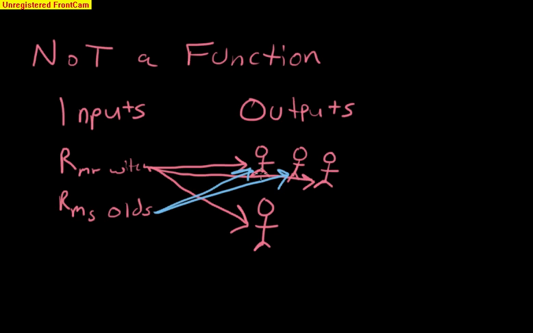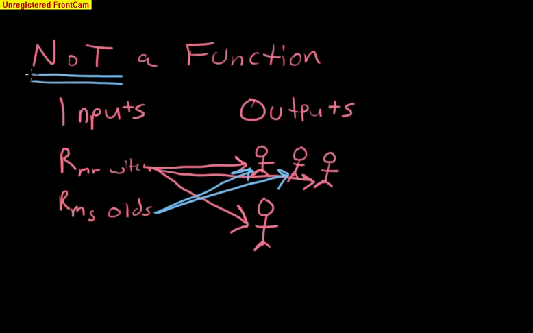We have a set of inputs, and we have a set of outputs. But because each input goes to multiple outputs, the rumor about Mr. Witcher went to several people. Just because one person knew didn't mean that somebody else couldn't also know. And because it goes to multiple people, this is not a function.